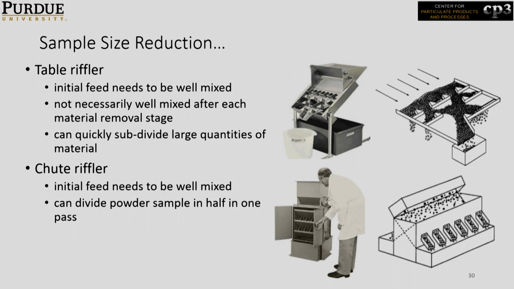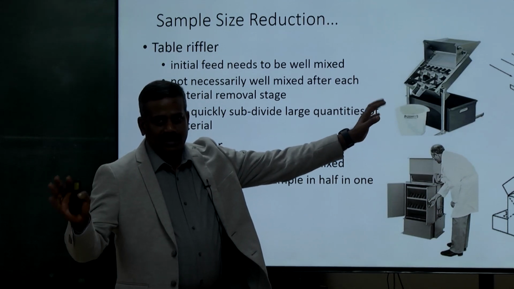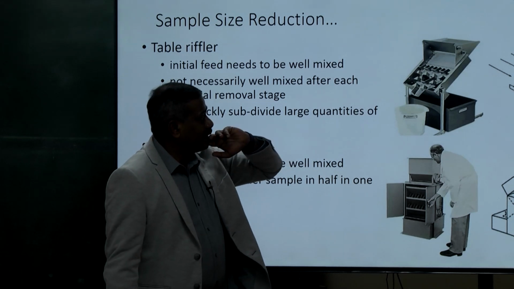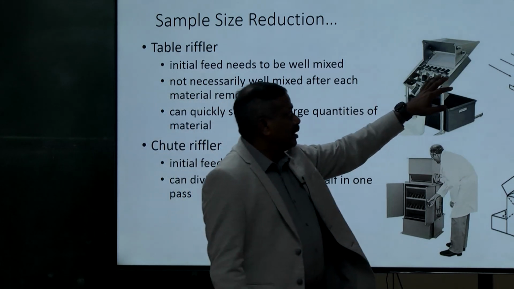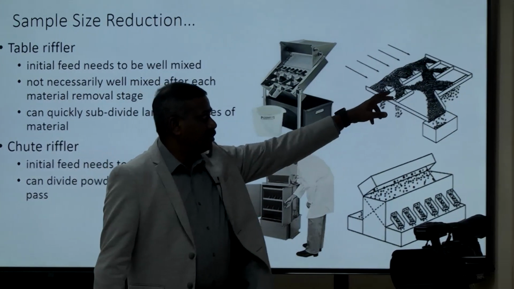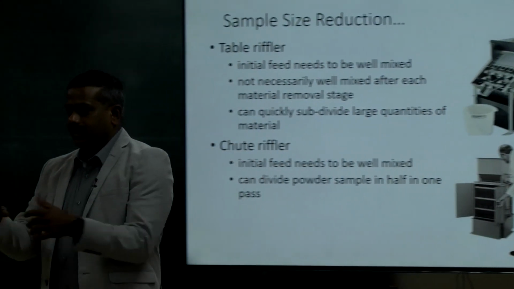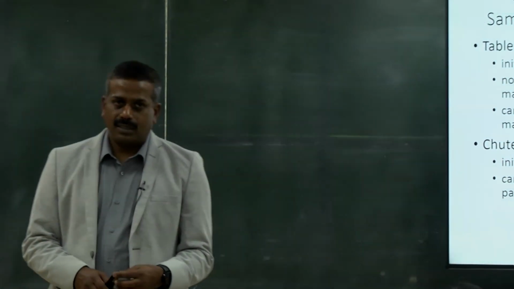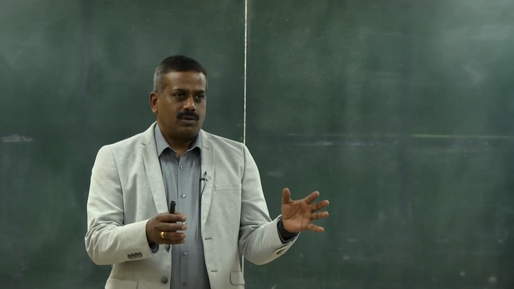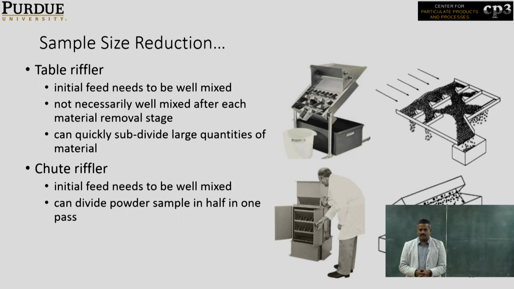A table riffler is a very simple system. You may have one here, or at least in mechanical engineering or chemical engineering at IIT. You make the powder flow through different streams, collected into multiple substreams, so it captures the essence of the segregated mix within that powder.